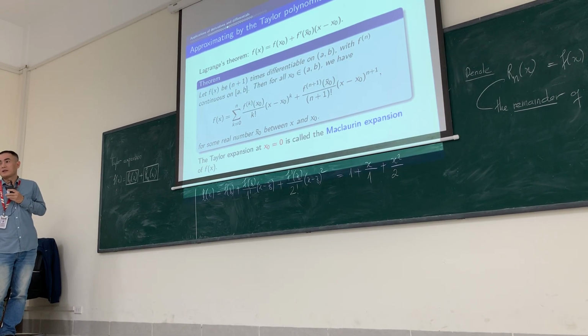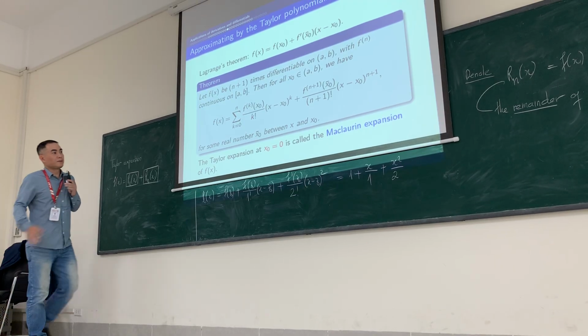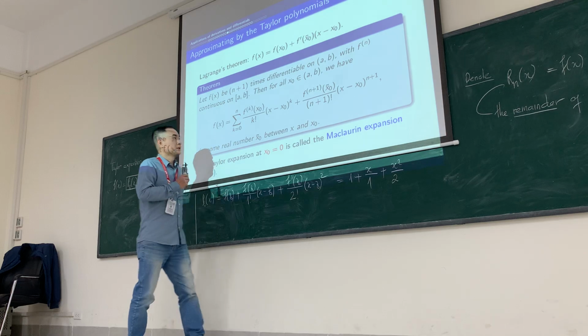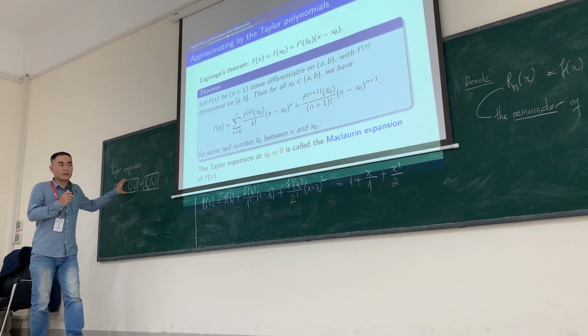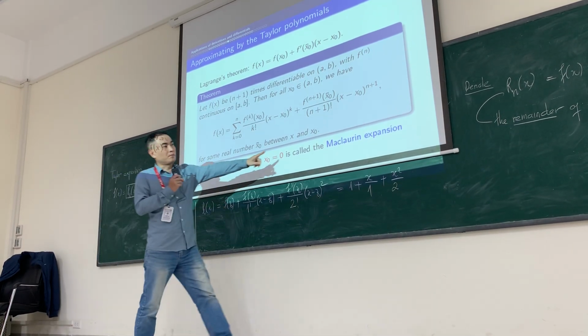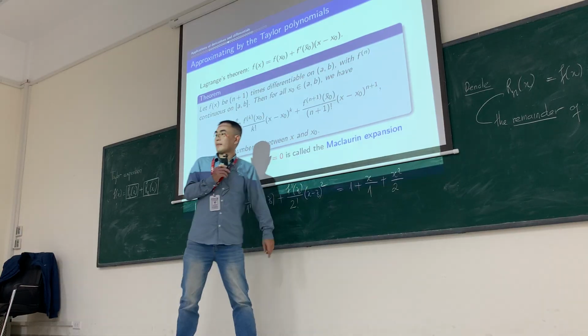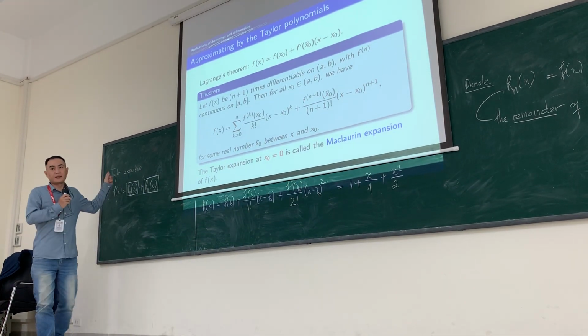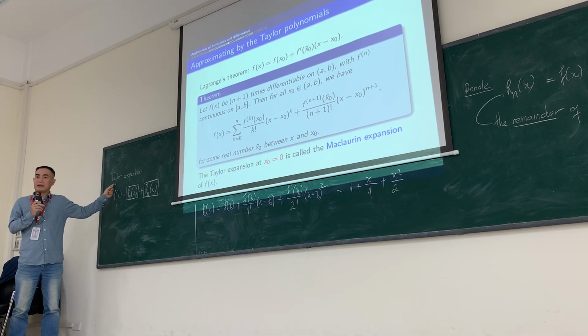In particular, if x0 is 0, the expression here is called the Maclaurin expansion. Trong trường hợp đặc biệt, nếu x không bằng không thì khai triển Taylor này có một tên gọi khác gọi là khai triển Maclaurin.